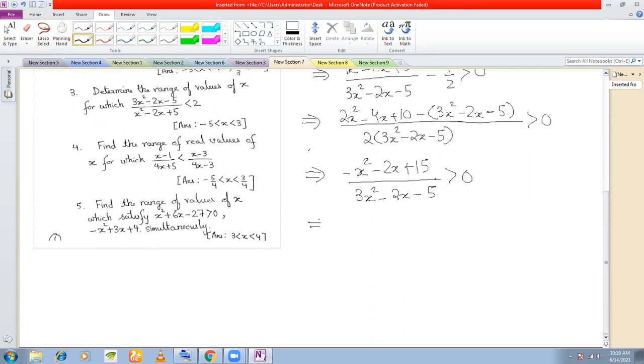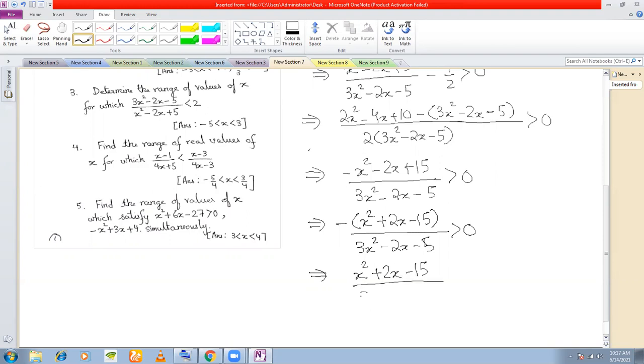That means now from the numerator, if you take minus common, we get x square plus 2x minus 15 divided by 3x square minus 2x minus 5 is greater than 0. Now if you multiply both sides by minus 1, the inequality sign will reverse. You get x square plus 2x minus 15 divided by 3x square minus 2x minus 5 is less than 0.